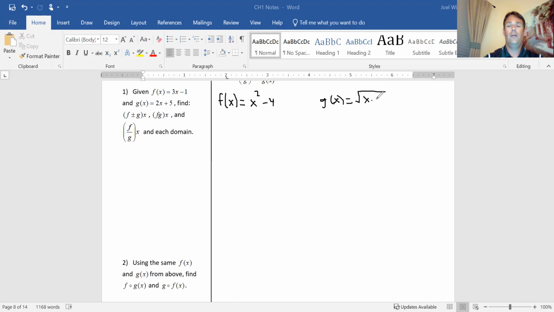All right, team. I want you to go through and figure out what the function would be for all five of the functions we're going to have here. So f of x plus g of x, subtract the two, multiply the two, divide the two.